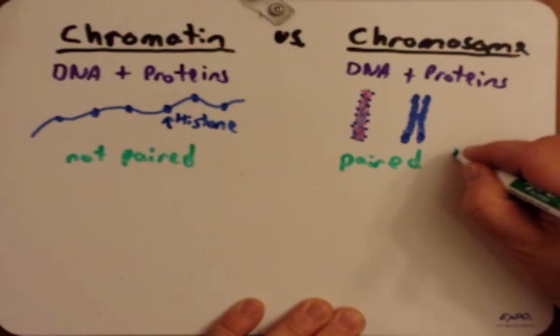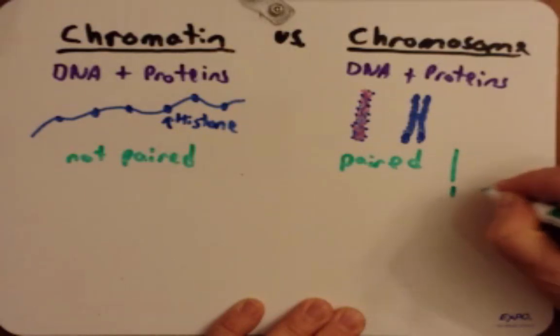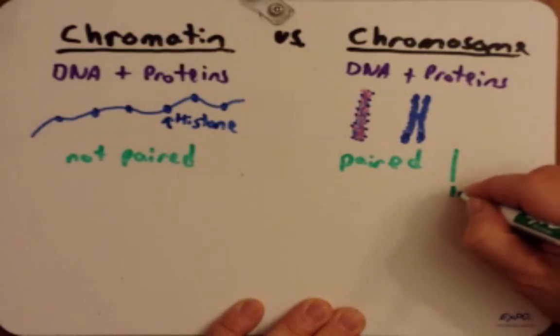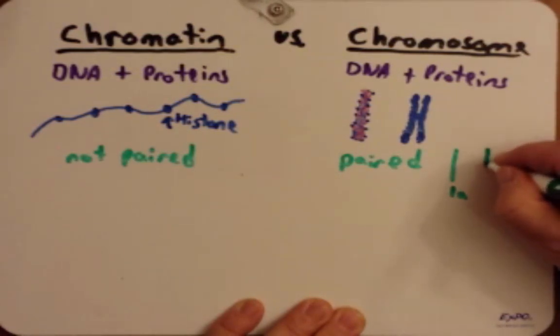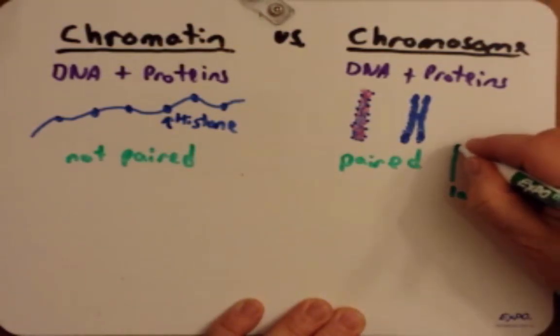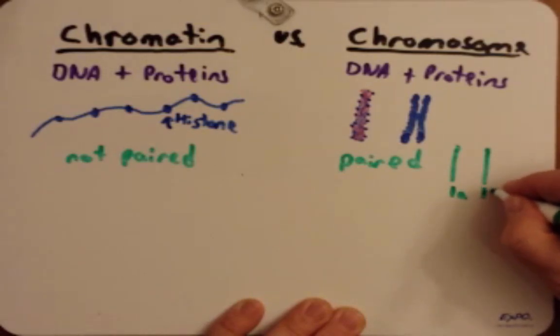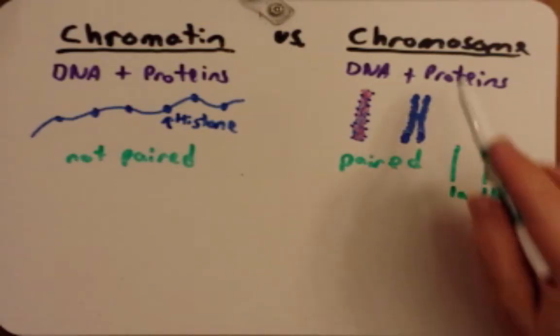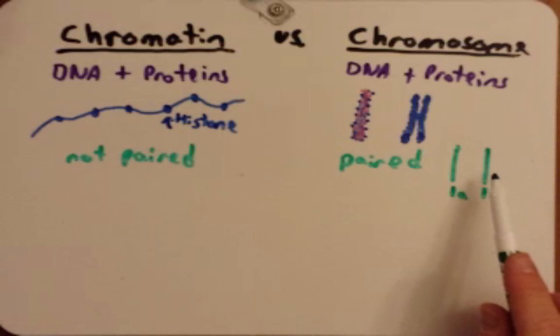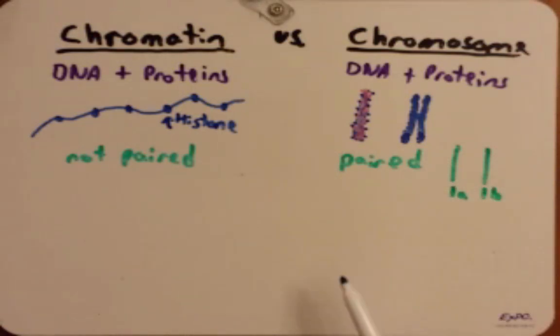And we have, say, chromosome 1, which we originally got from one of our parents, so we'll call it 1A. And then we have another chromosome that we got from our other parent, which we would call 1B. Chromosomes are always paired with each other. They're right next to each other.